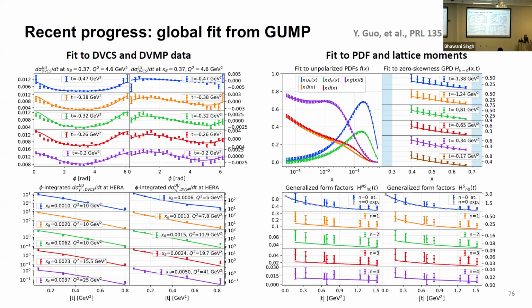Although it's meant to be as general as possible, in reality, they have to truncate their expansion in a certain way, which following our previous discussion still injects certain bias one way or the other. But the GUMP group managed to fit all the available data for DVCS and DVMP, and also the PDF and the form factors.